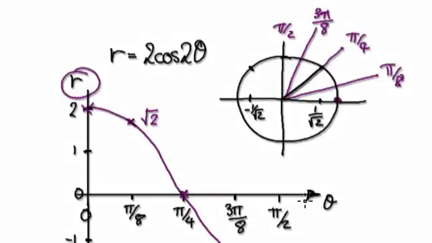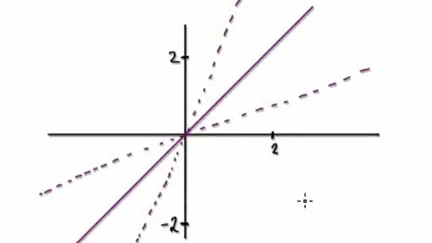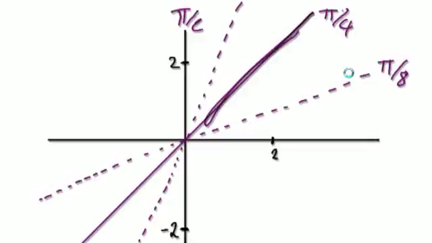Once we've got our radius, we can sketch our graph in polar form. So this line here is pi, this here is pi over 2, this one is pi over 4, this one is pi over 8, and so on.